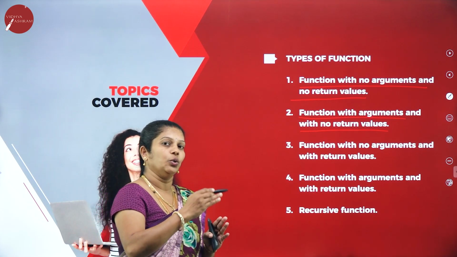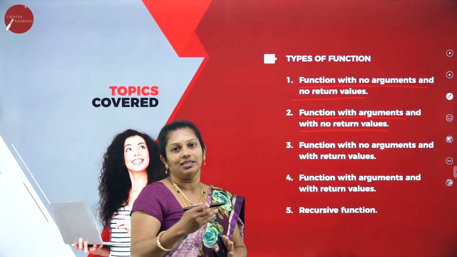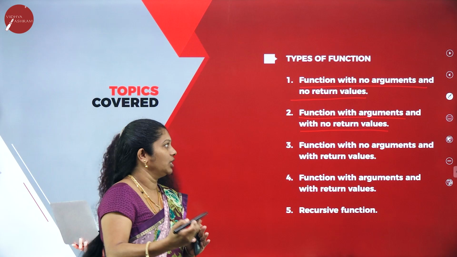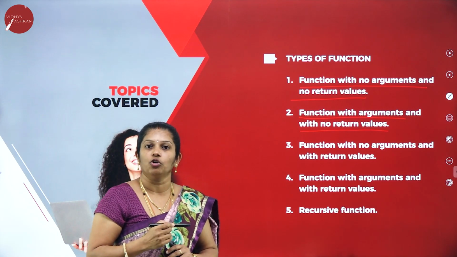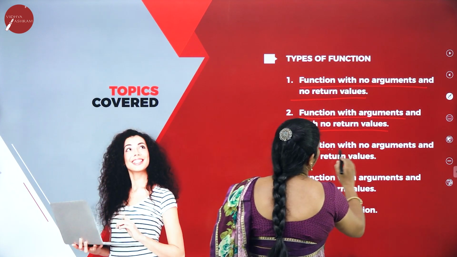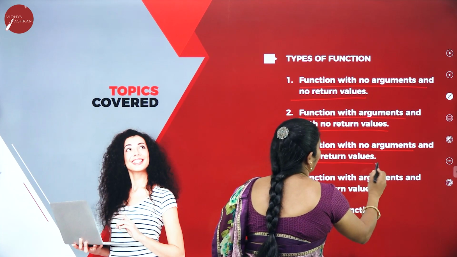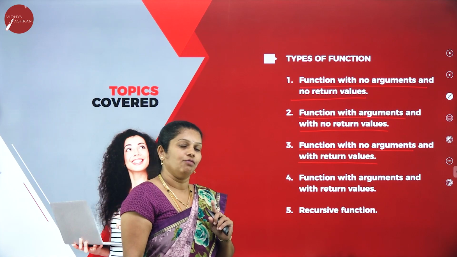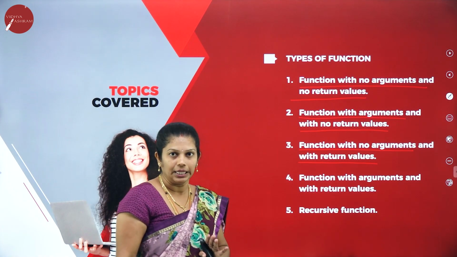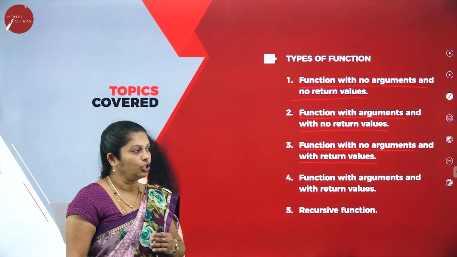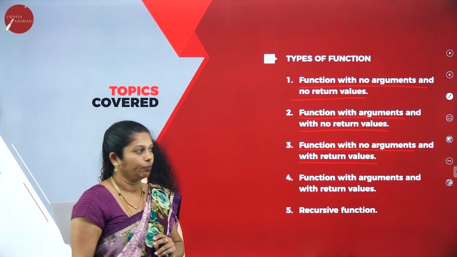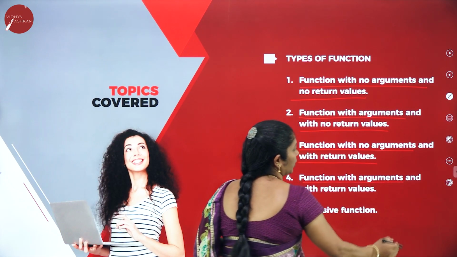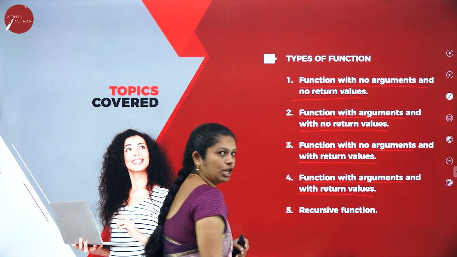From one function to another function, we are passing the argument, but from second function to first function, we are not passing any arguments. Functions with no arguments and with return value. It means that from function 1, we are not passing any arguments, but from function 2, we are returning the value. Then the fourth one is functions with arguments and with return value.